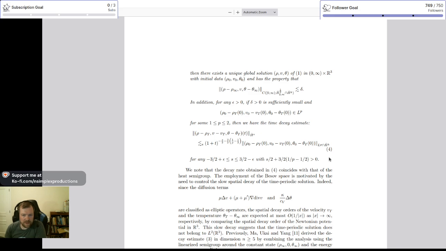We note that the decay rate obtained in 4 coincides with that of the heat semigroup. Employing the Besov space is motivated by the need to control the slow spatial decay of the time periodic solution.